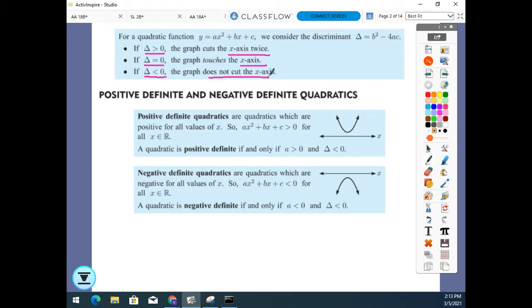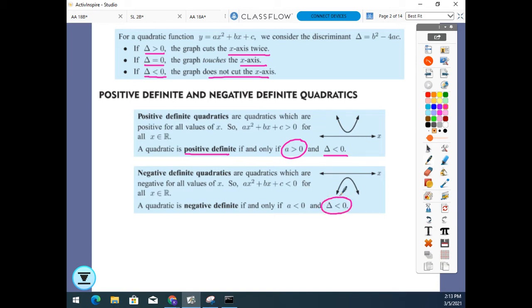I would say this next section is one I really don't talk about a whole lot. The way I think of it, what I actually wrote down is that positive definite just means the y value will always be positive if the leading coefficient is greater than 0 and the discriminant is negative.